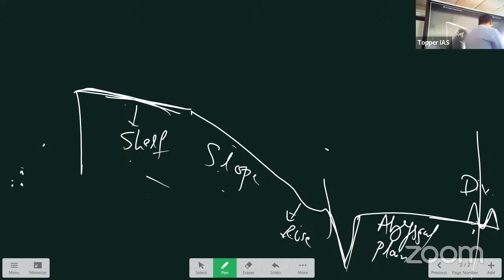There is a boundary here. From here, oceanic plate is starting. From this side, continental plate is starting. That's why shelf, slope, and rise are part of the continental plate. And these are oceanic plates, right? Within there can be two oceanic plates, and this is continental.